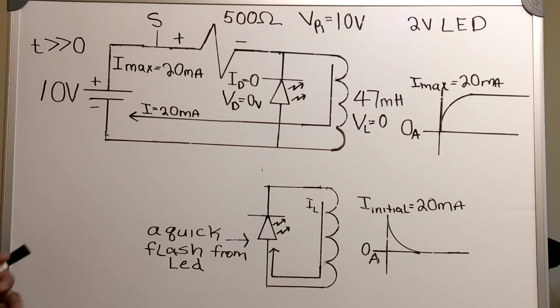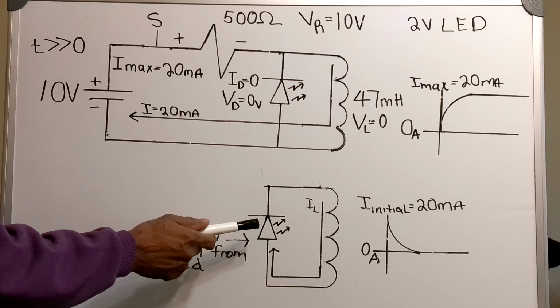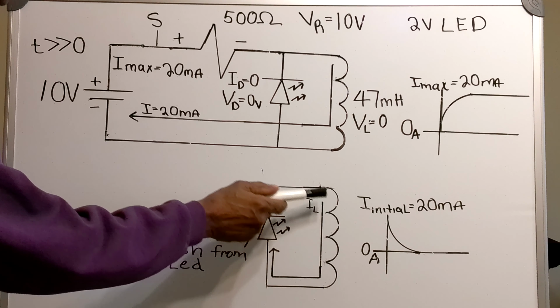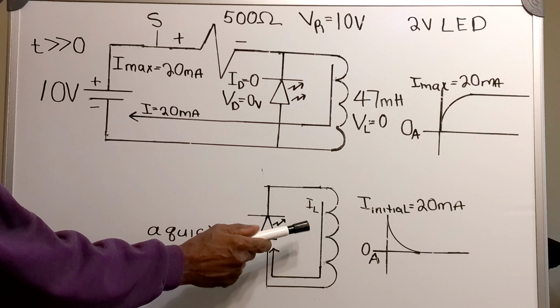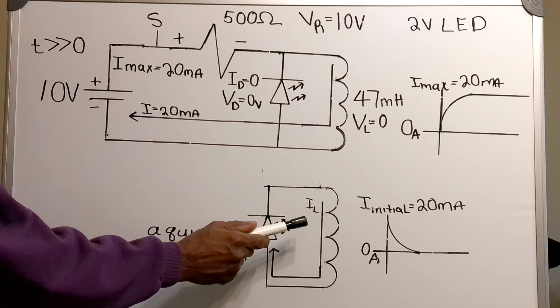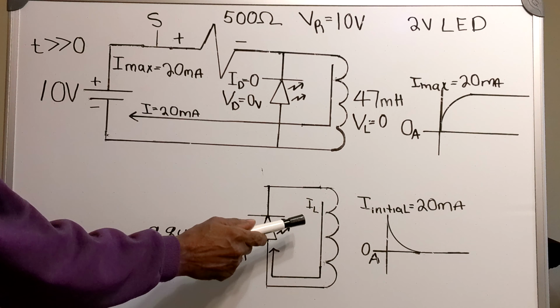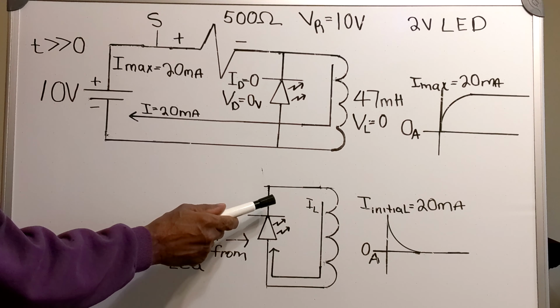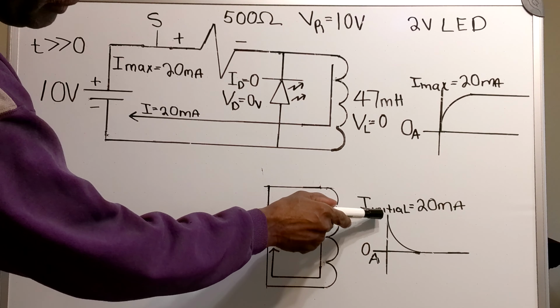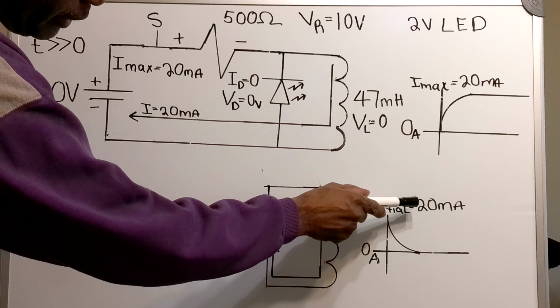Now, when you open the switch, this circuit right here is what you have left. The inductor is now discharging through the diode. The initial current will be 20 milliamps.